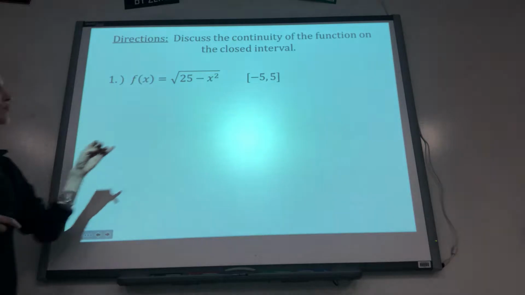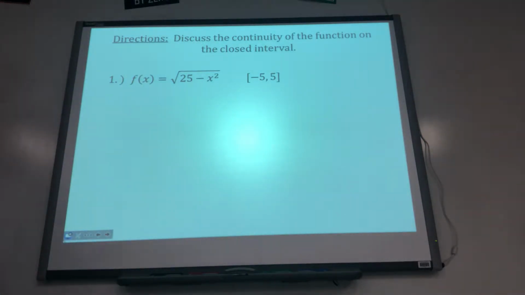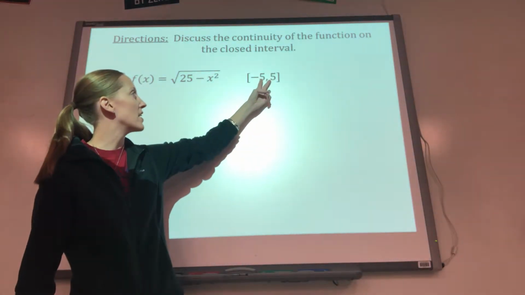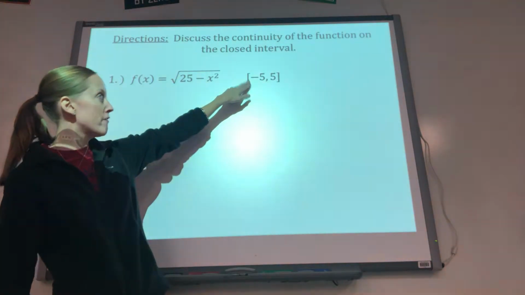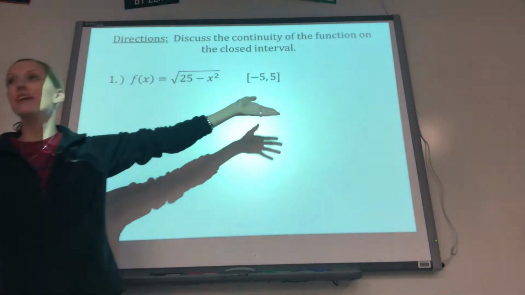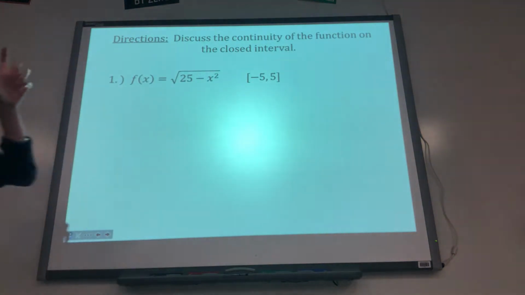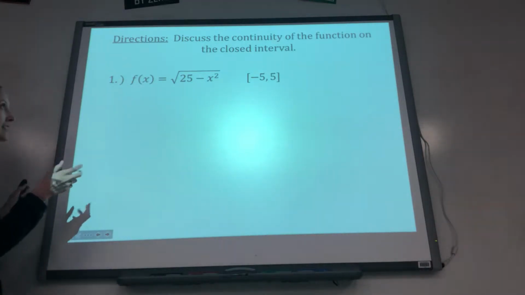Let me first remind you what a closed interval means. The closed interval means, and again, these are x values right here, but it means you can equal -5, you can equal +5, or you can be anything in between. But closed, the brackets there, it means you can equal those x's.